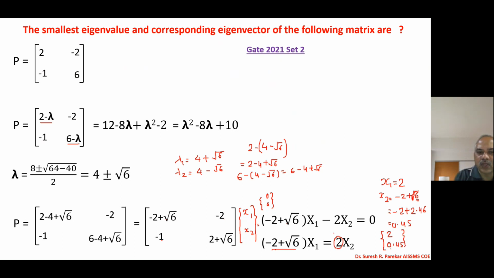Likewise, we get the values of the given eigenvector. So from this, 2 and 0.45 is one of the eigenvectors. Then you can calculate another by using 4 plus root 6. If we want the largest, then we use this.